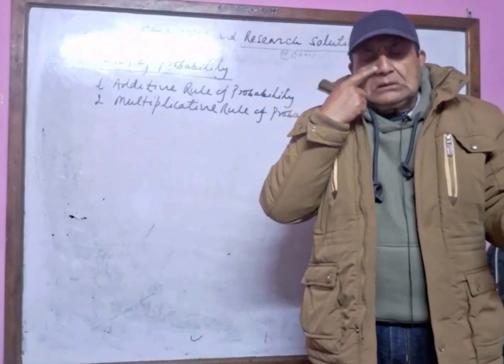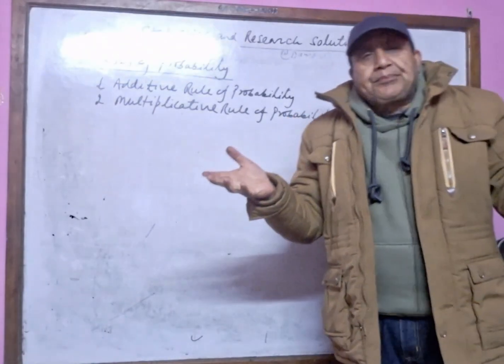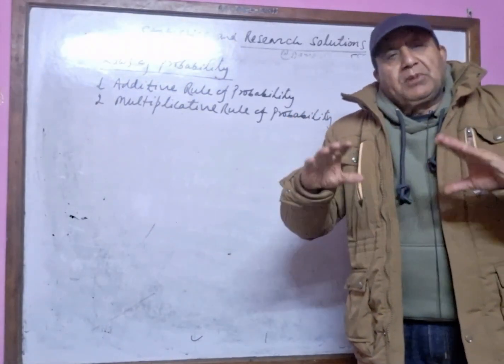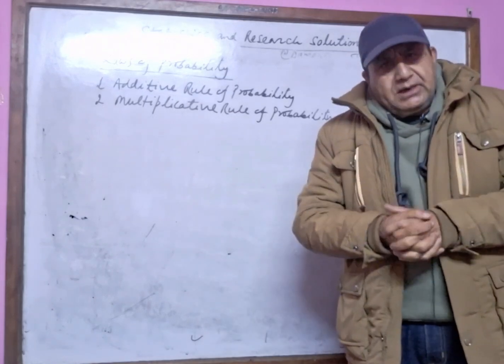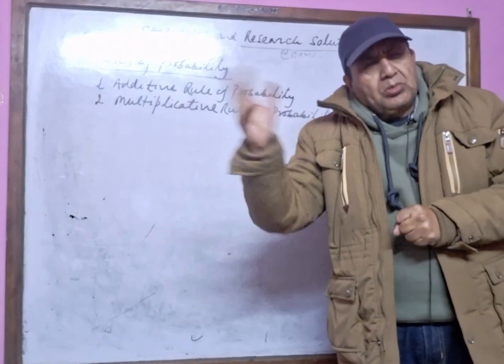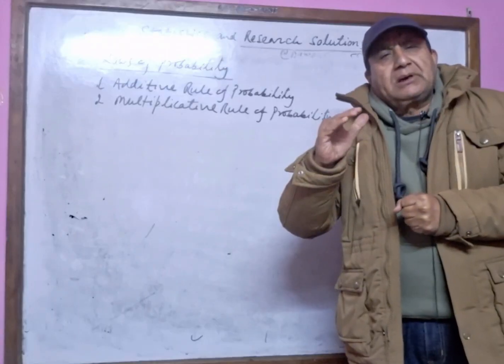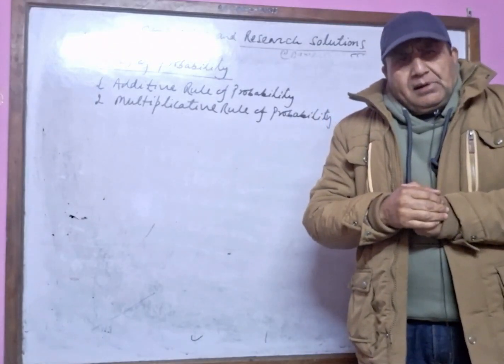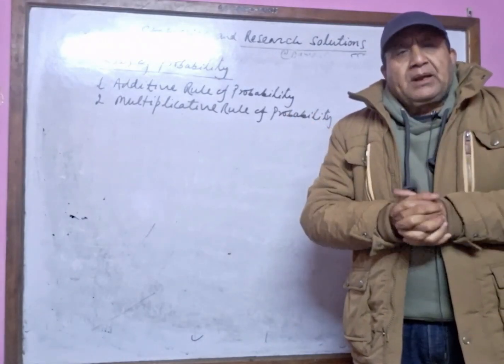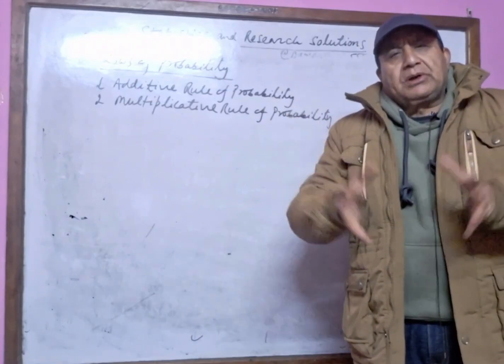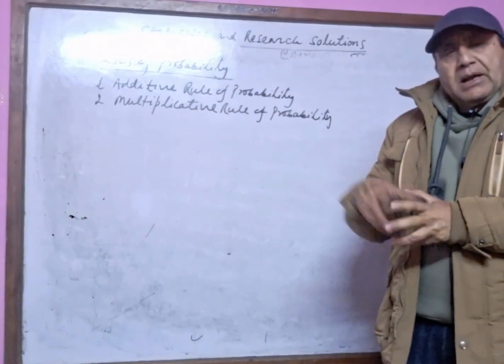In the multiplicative rule, we just multiply the probabilities of two or more events, and in the additive rule we just add or combine the probabilities of two or more events.